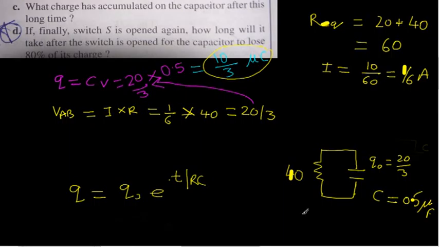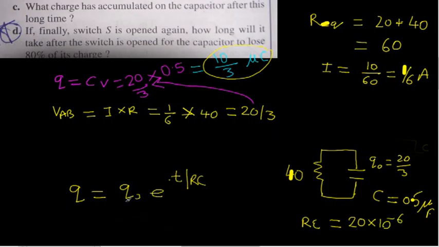R is 40. The value of RC will be equal to 0.5 into 40, means 20 microfarad ohm, that is 20 into 10 to the power minus 6.